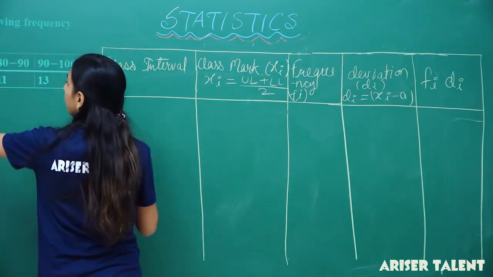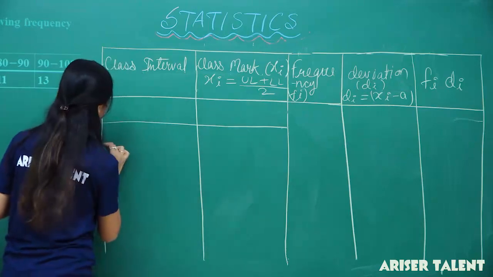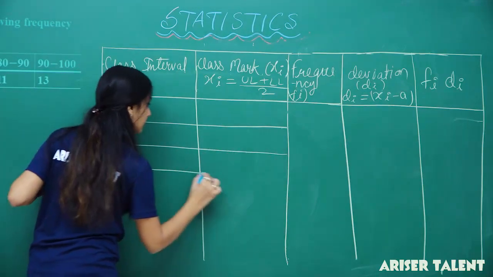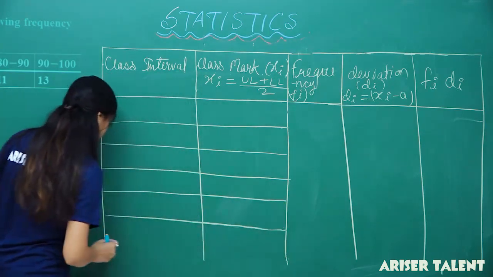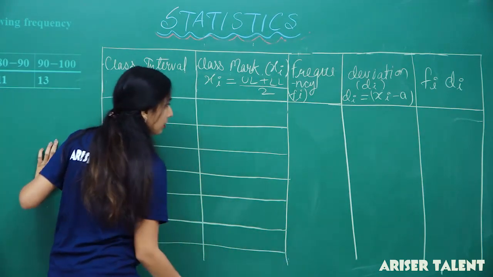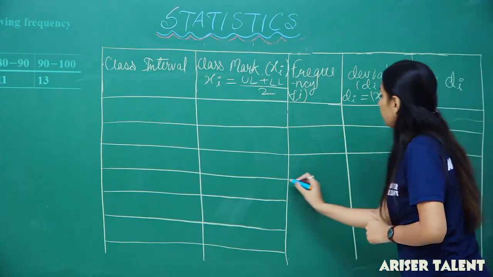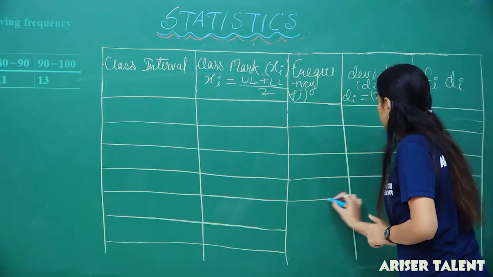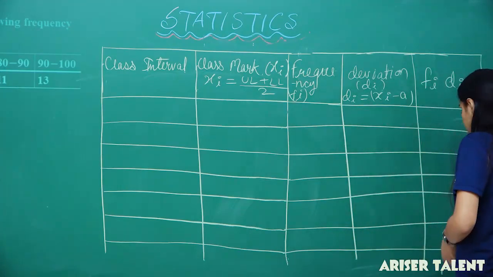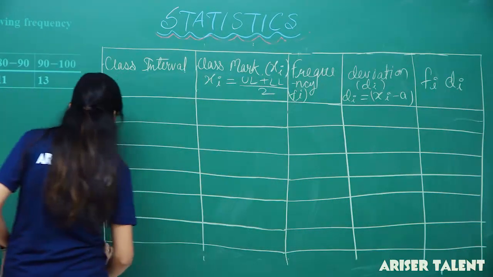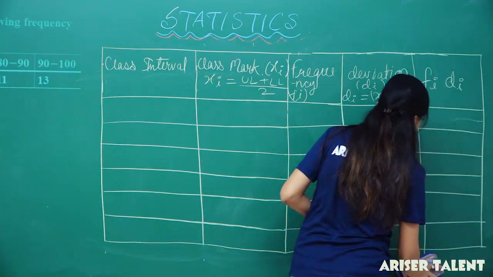Now we will have 5 rows plus 1 row for the summation.